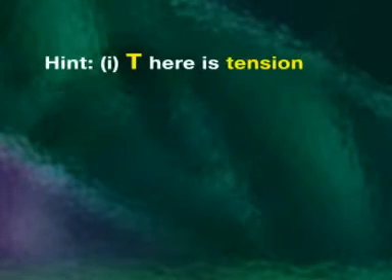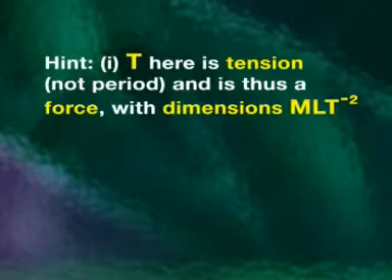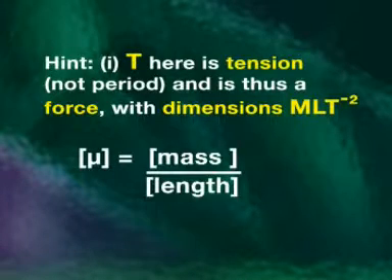This hint would help you. 1. T here is tension, not period, and is thus a force with dimensions M L T to the power minus 2, and mu equals mass divided by length.